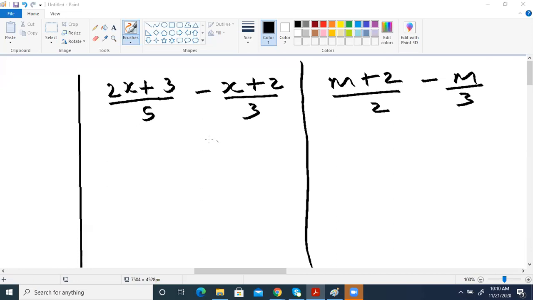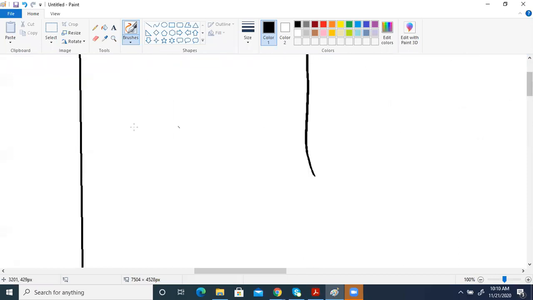So before we even start, what's the answer for this one? x plus 28 over 15. Let me write it somewhere down here: x plus 28 over 15. Any other answers?